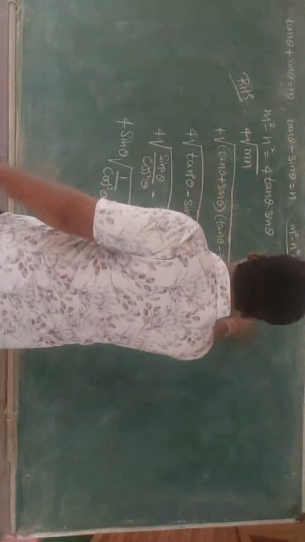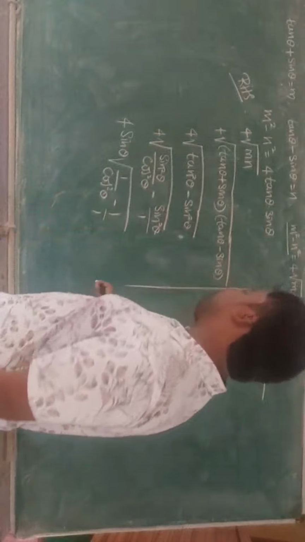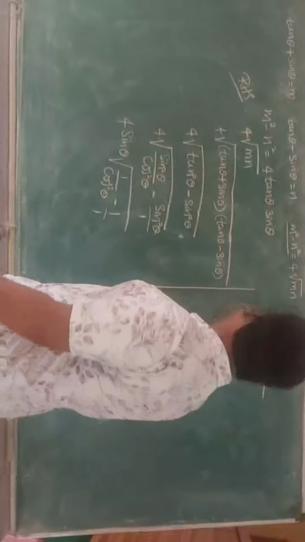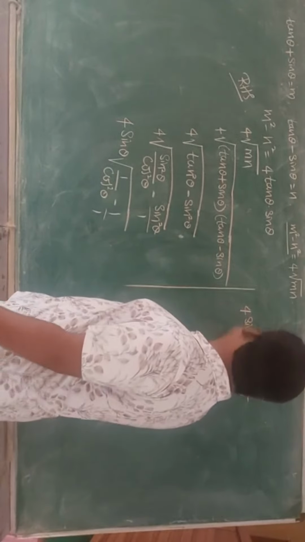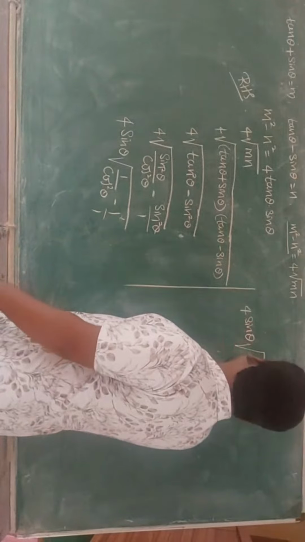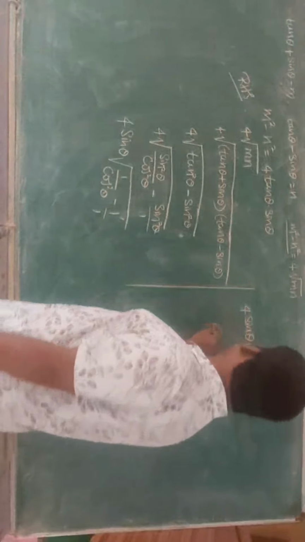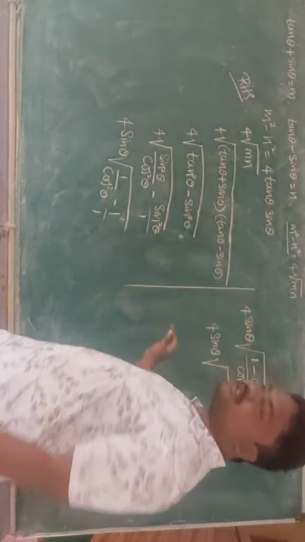So 4 sin theta right as it is, into bracket, LCM is cos square theta, and 1 right as it is, minus 1 into cos square theta is cos square theta. 1 minus cos square theta. Correct? So now 4 sin theta into bracket 1 minus cos square theta.